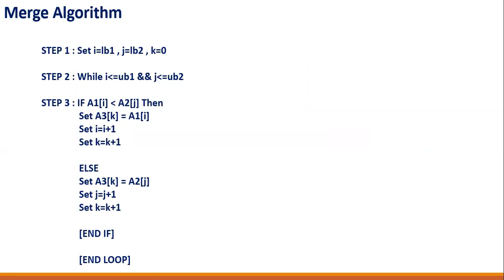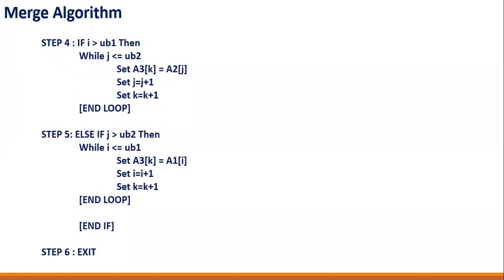So yes, students, this was the merge algorithm, and by this we have completed the operations of the array. We started with what an array is, what one-dimensional arrays are, what the memory representation of an array is, and afterwards we saw the different operations on the array: traversal, insertion, deletion, searching, sorting, and merging.